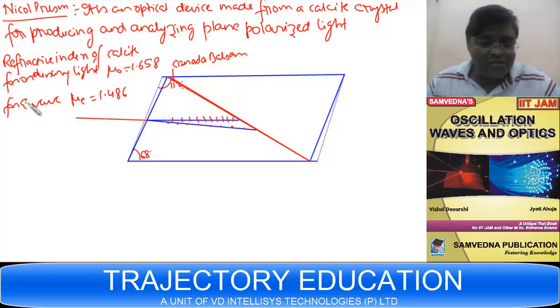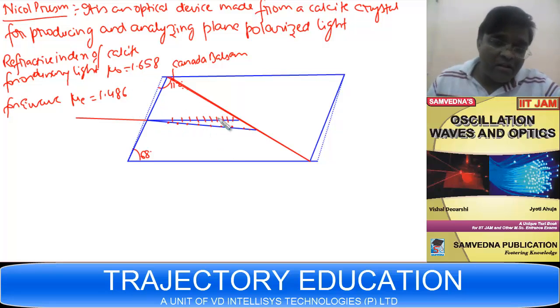This means the E wave travels faster than the O wave in the calcite crystal. The velocities become equal when the direction of propagation lies along the optic axis. So the crystal presents different refractive indices for the O wave and E wave: mu O is 1.658 and mu E is 1.486.